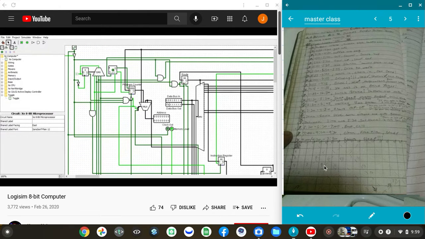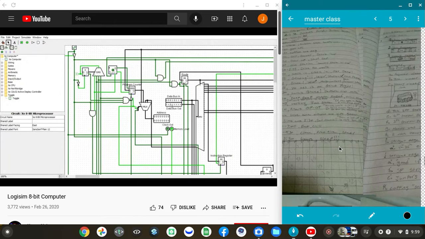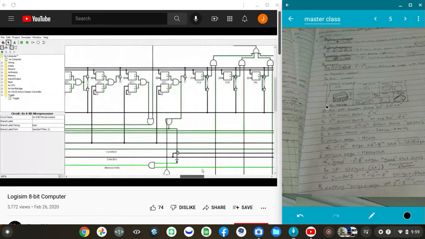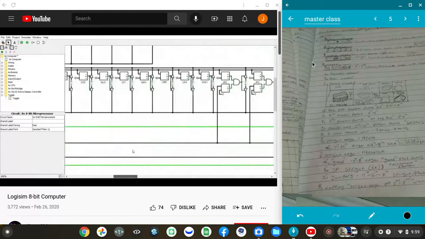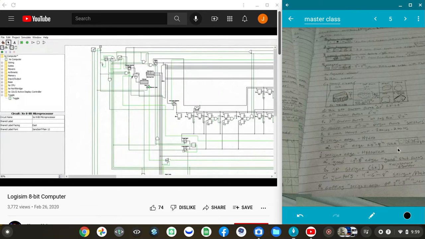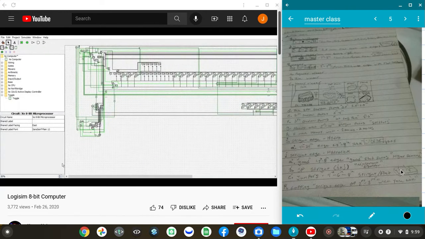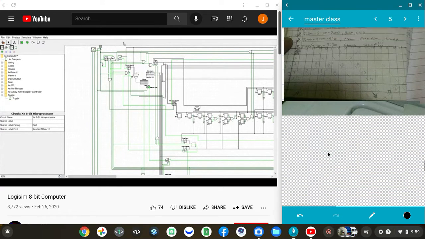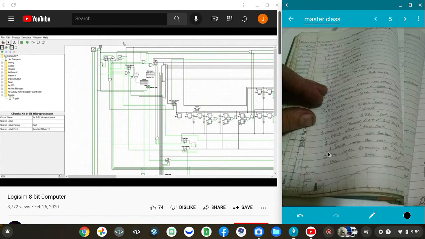Now, that's just a tiny part. There's a lot of things on this, and I'm not going to go through every single one. So, I'm just going to split it up into chunks. This chunk right over here in the top left, it's like the control center.